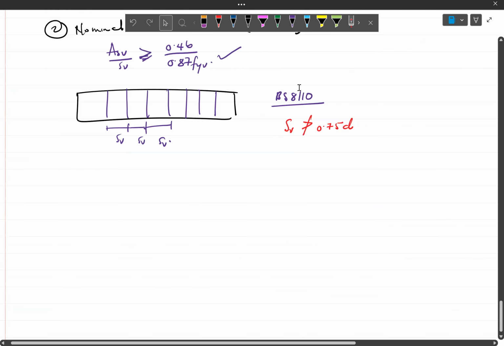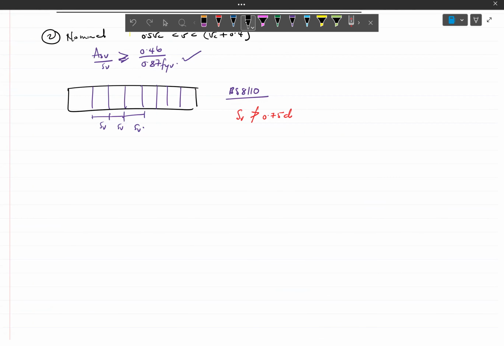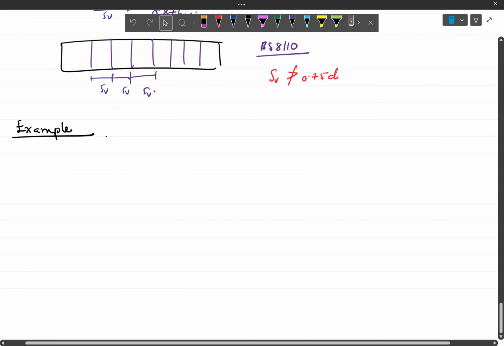So let's look at an example or some series of examples so that we appreciate what is happening. So let's say I have a beam.